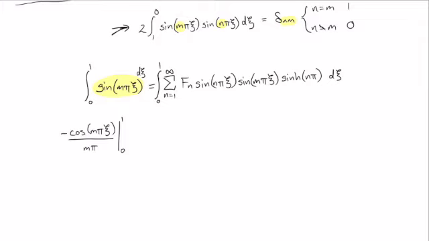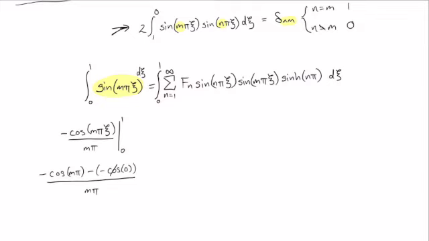And so I'll go ahead and keep on working on this left-hand side. If I plug in those boundary conditions, the first one is xi equal to 1, so that's just the argument m pi. And the second one is the cosine of 0. All of this is over m pi.